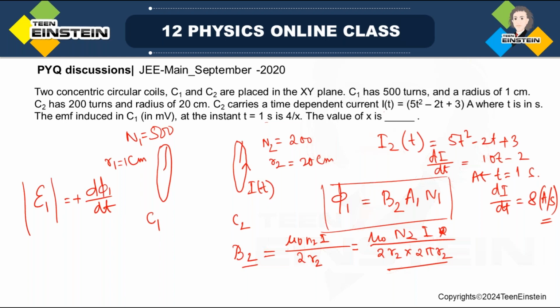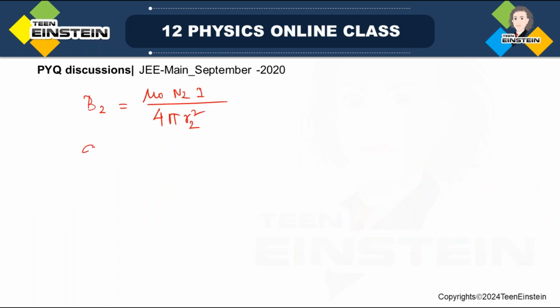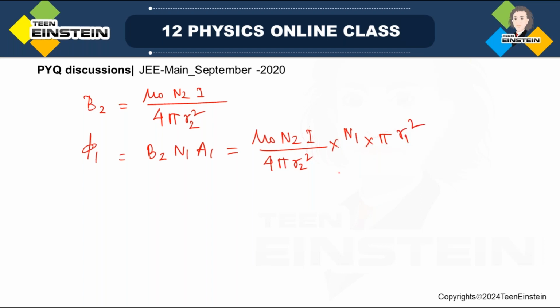Then I have to find out what is EMF, right? Phi 1 is B2 N1 A1. Let me write this. B2 is this, N2 I divided by 4 pi R2 square, then N1, and A1 is actually pi R1 square.